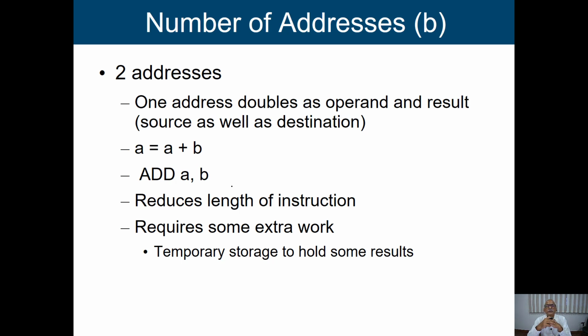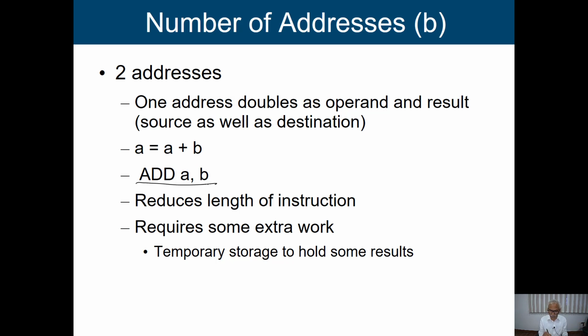One address doubles as operand and result, so one of the addresses indicates the source as well as the destination. For example, if it is A B, then the meaning is A equal to A plus B. Here the variable A acts as both source and destination. First we take the value of register A, add them together, and put the result in A, which is the destination.